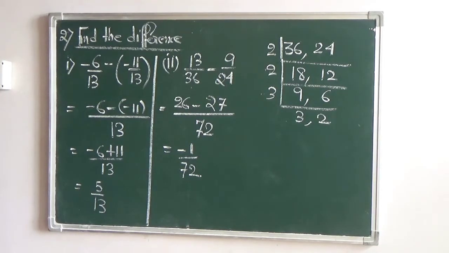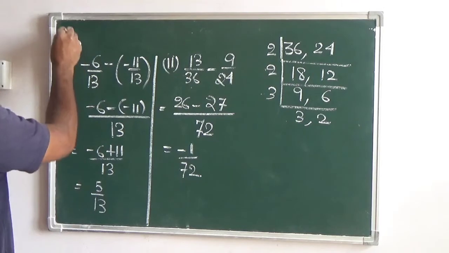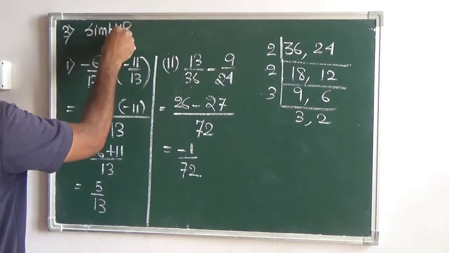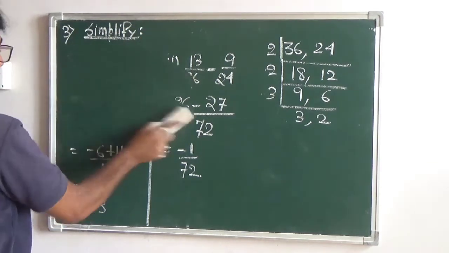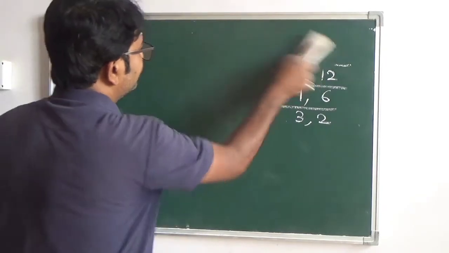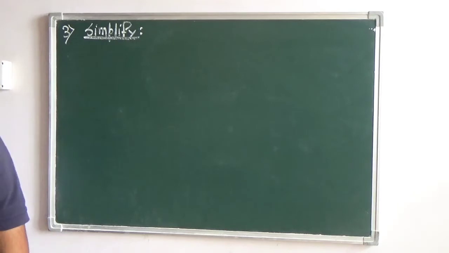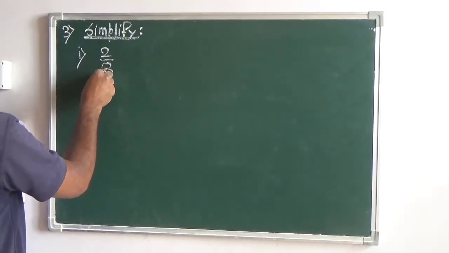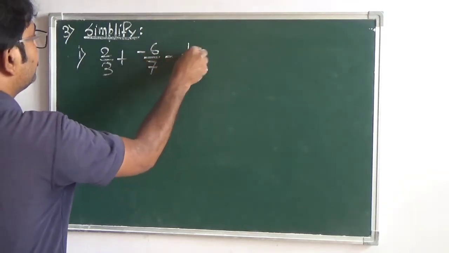So moving on to question number 3. That is simplified. So number 1, 2 by 3 plus minus 6 by 7 minus 1 by 21.